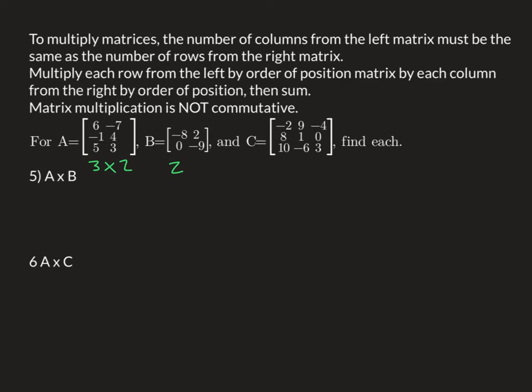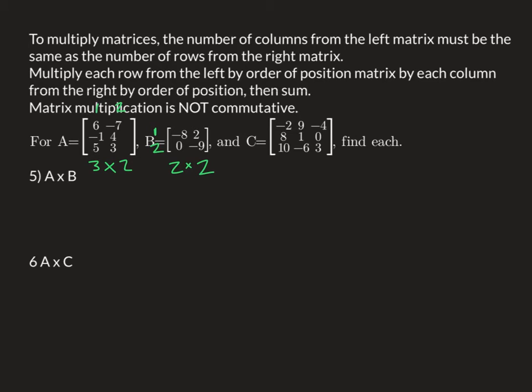Matrix B is 2 by 2. And since the number of columns from the first and the number of rows from the second match, then we can do our multiplication.